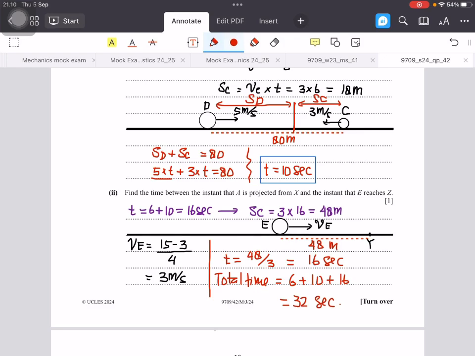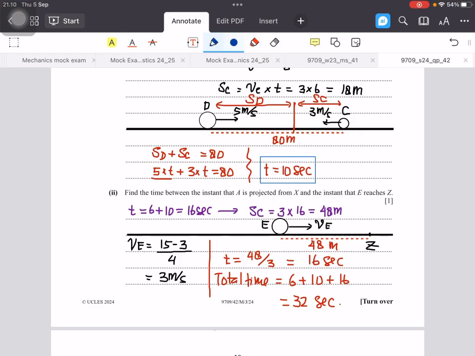So we find the time until object E reaches point, this one, point Z. So now the time taken until object E reaches point Z is the distance, 48 meters, divided by the speed of E, 3 meters per second, which is 16 seconds.